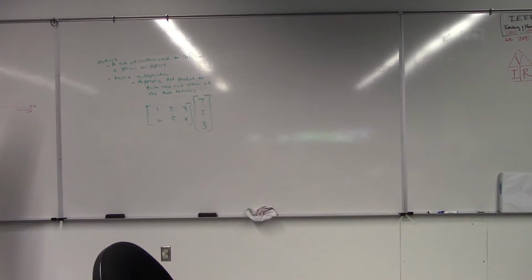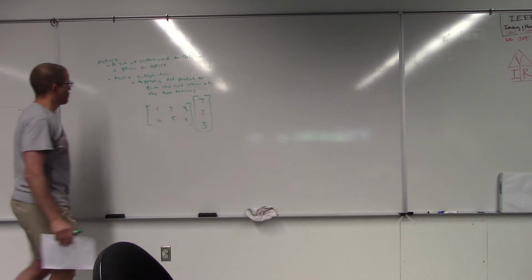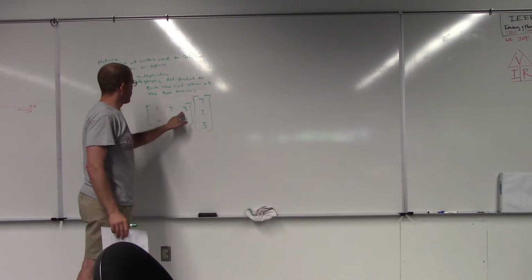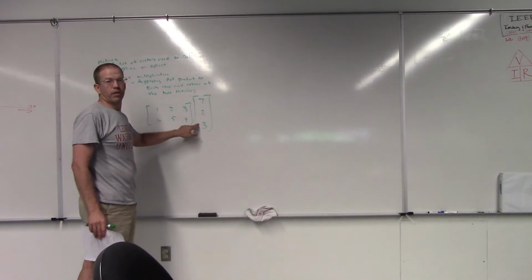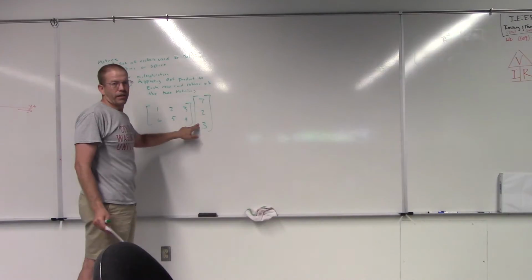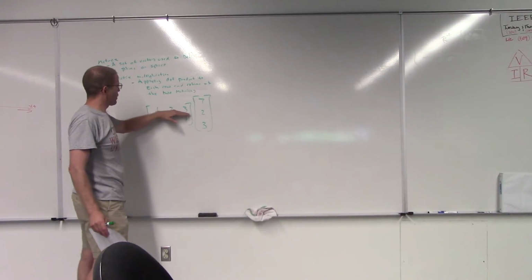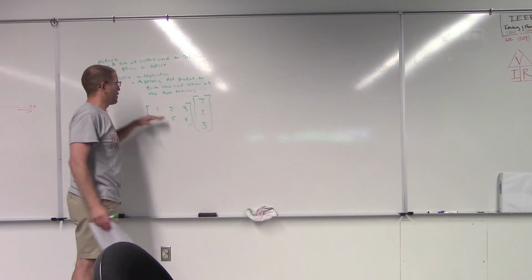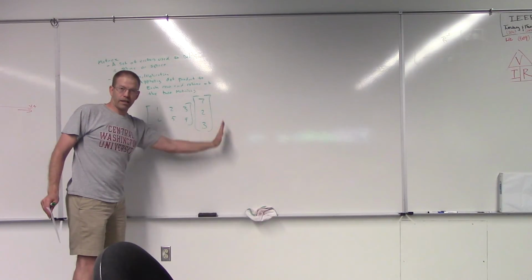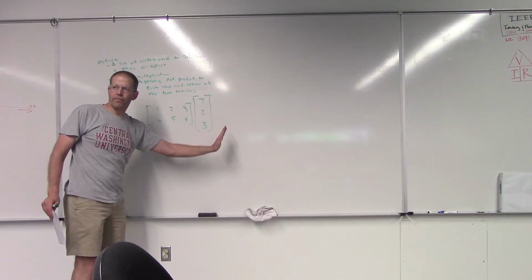Inner dimensions have to match. So the number of columns of the first matrix has to match the number of rows of the second. The reason for this is that we're going to take the dot product of the first row and the first column, then the dot product of the first row and any subsequent columns. Okay?